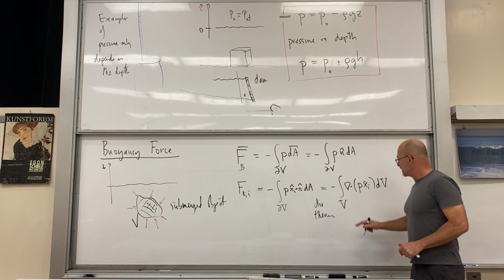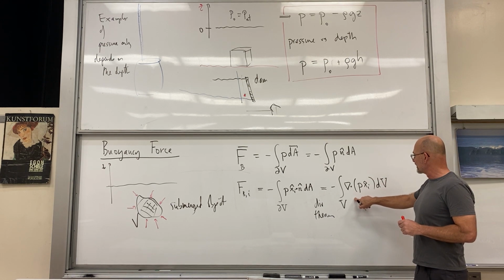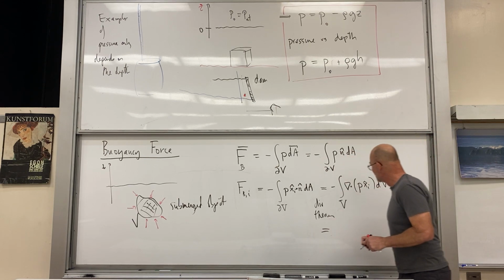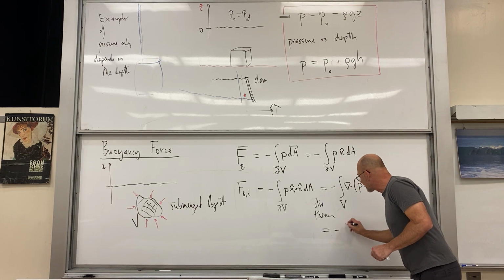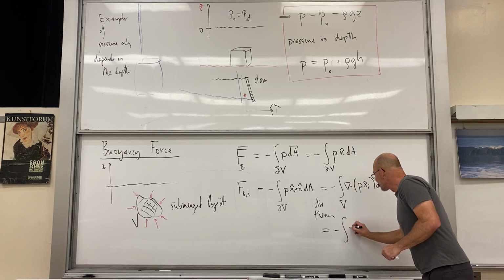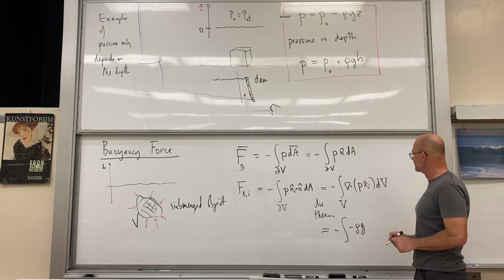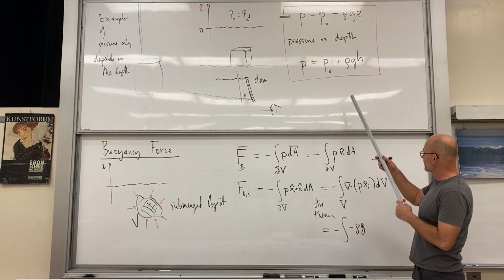Okay. So then we use that same identity that I had assigned to you guys last time. So the divergence of this is going to be minus integral of minus rho g from the pressure.